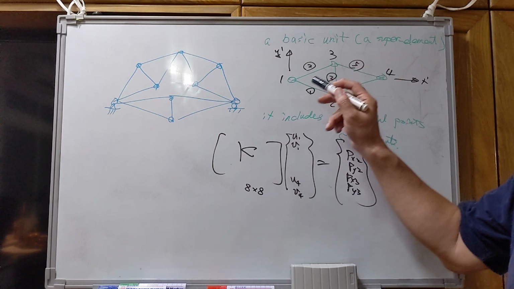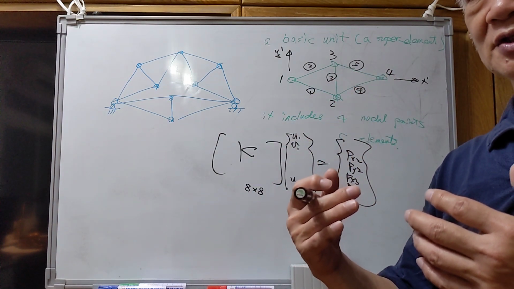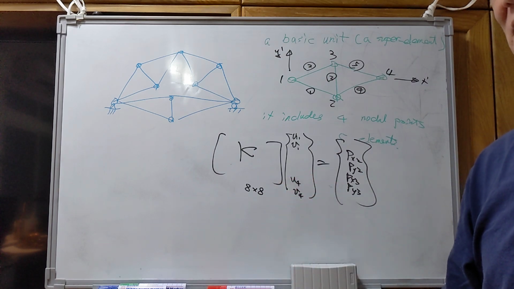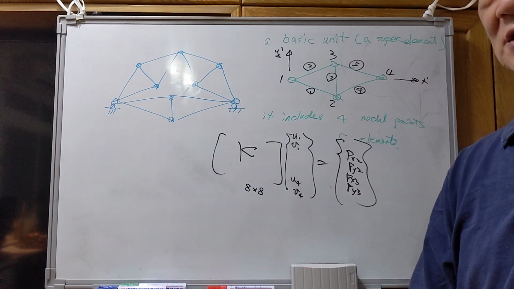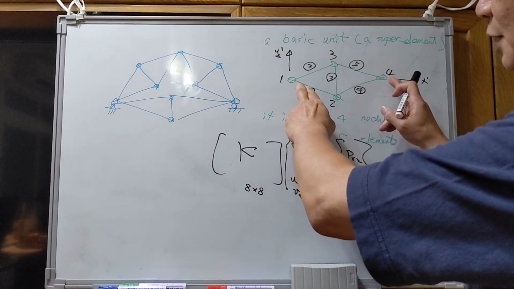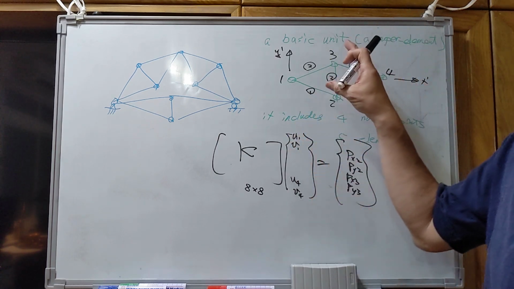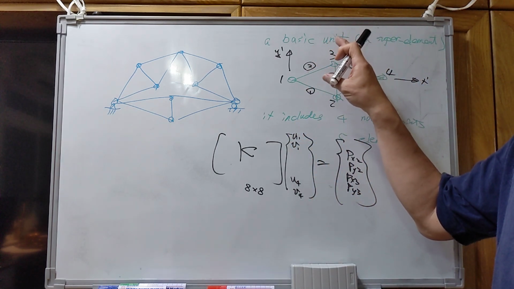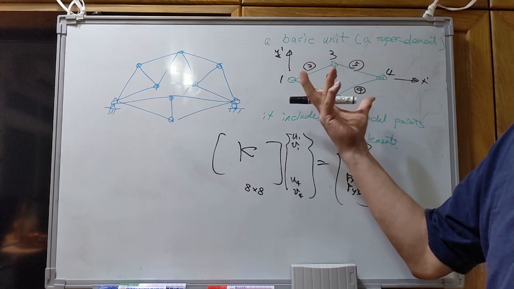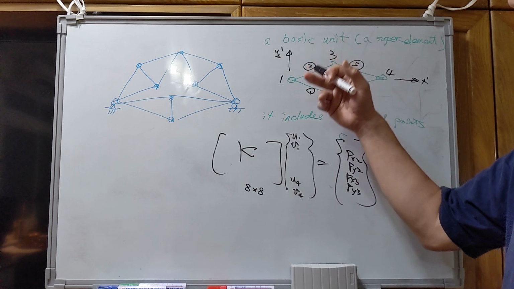So when we derive the element stiffness matrix, we assume there are no member loadings, so between these two end joints no external loads are applied. It is an assumption.